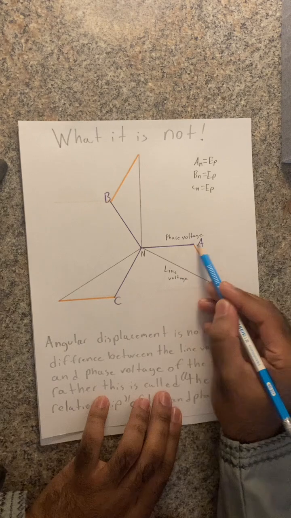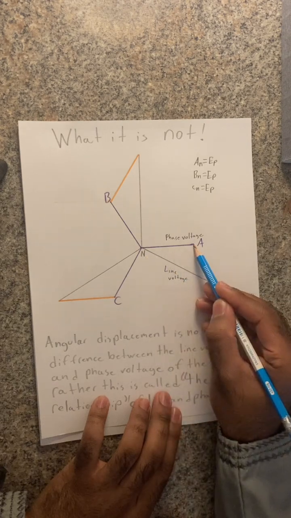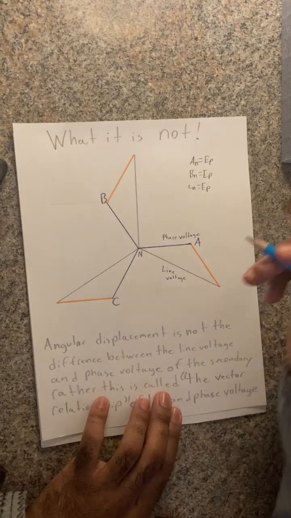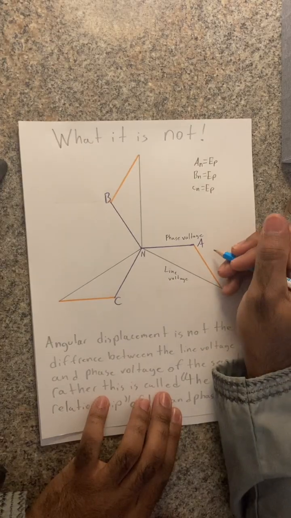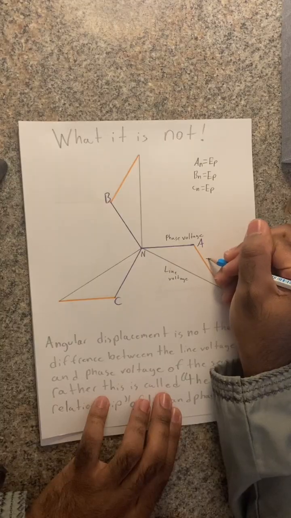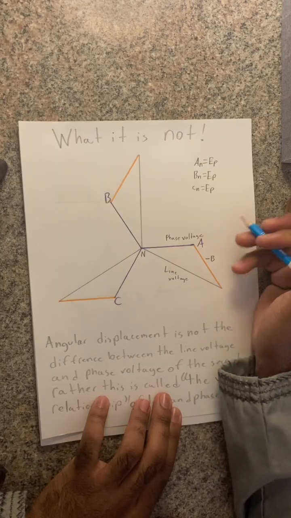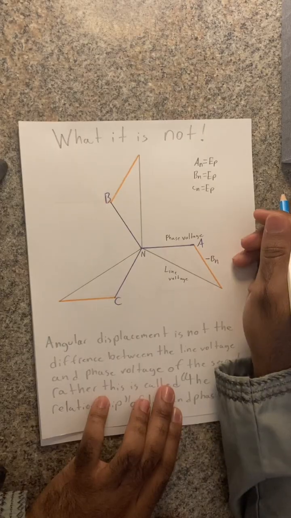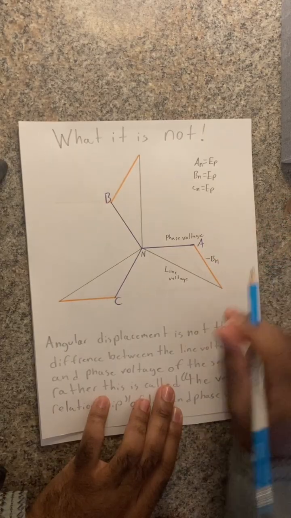This represents the phase voltage of A. This represents the phase voltage of B. However, it is in the opposite direction. So we consider this to be minus B, or minus Bn. This is considered minus Bn.